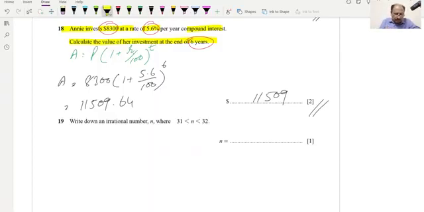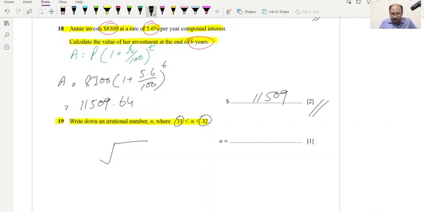Next, question 19: write down an irrational number n where n should be between 31 and 32. So we can write the square root of something which is between 31 and 32. The square root of 900 is 30, so we can take something like 901.